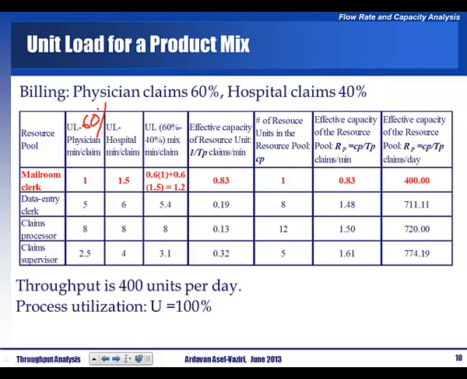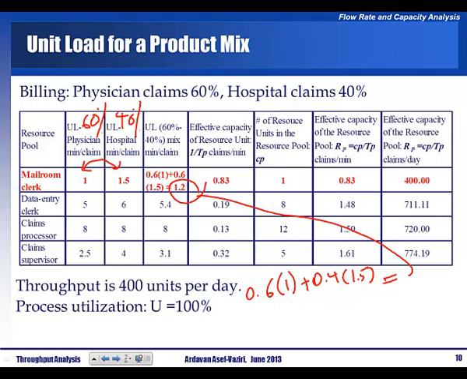60%, 40%. Therefore, if you want to combine these two and look at it as an aggregate product, which is 60% physician claim and 40% hospital claim, then I should say 0.6 times 1 plus 0.4 times 1.5, and that would take me to 1.2.